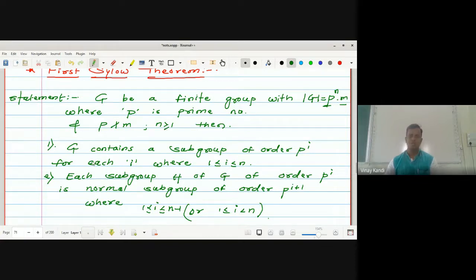Then we have to prove that G contains a subgroup of order p raised to i for each i, where i runs from 1 to n, and each subgroup H of G of order p raised to i is a normal subgroup of a subgroup of order p raised to i plus 1, where i runs from 1 to n minus 1.